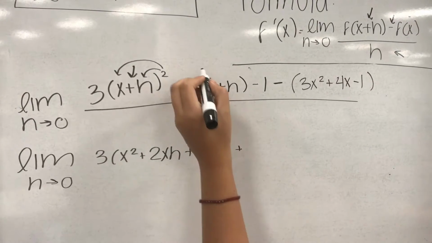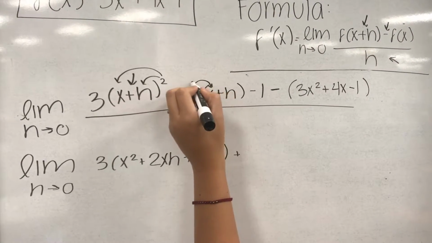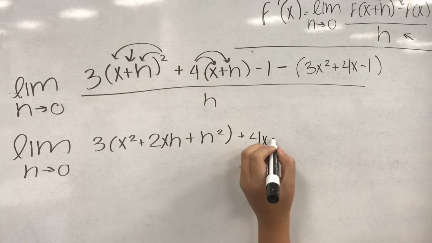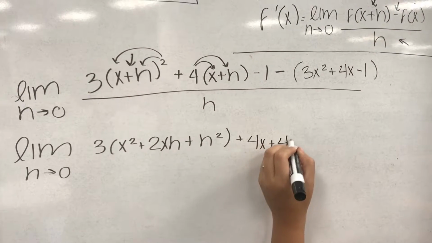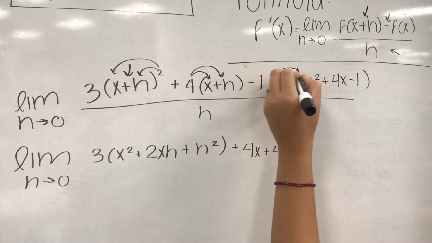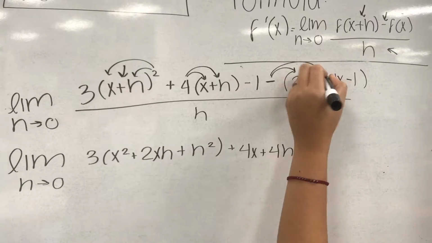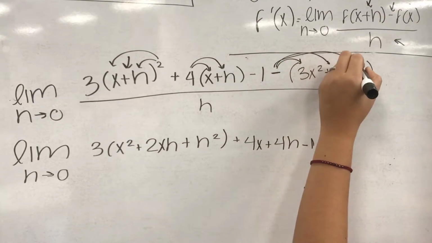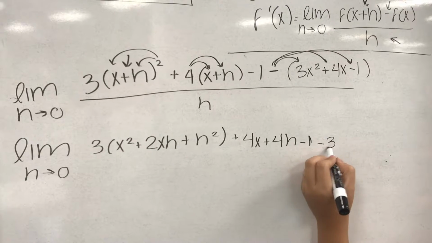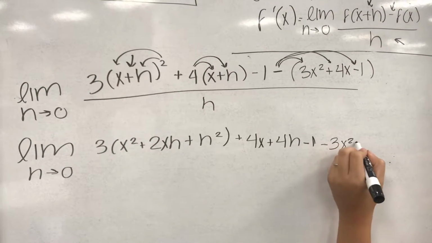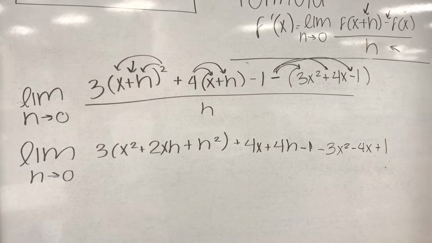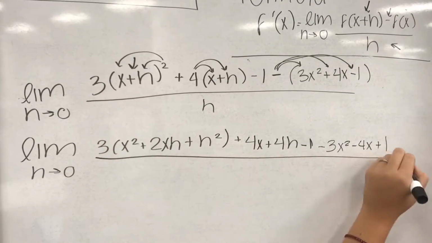We rewrite, we open that, we distribute, which will be 4x plus 4h, then minus 1, and then you have to change the sign of every single term on this trinomial. So just copy and rewrite it all down with the negative sign, which affects every single term. Everything over h once again.